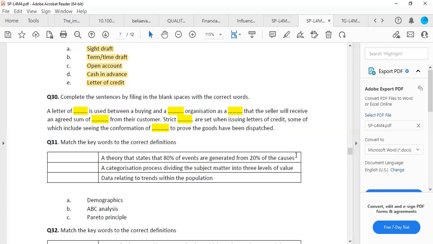Match the keywords to the correct definitions. A theory that states that 80% of events are generated from 20% of the causes. Pareto analysis or Pareto principle. A categorization process dividing the subject matter into three levels of value.